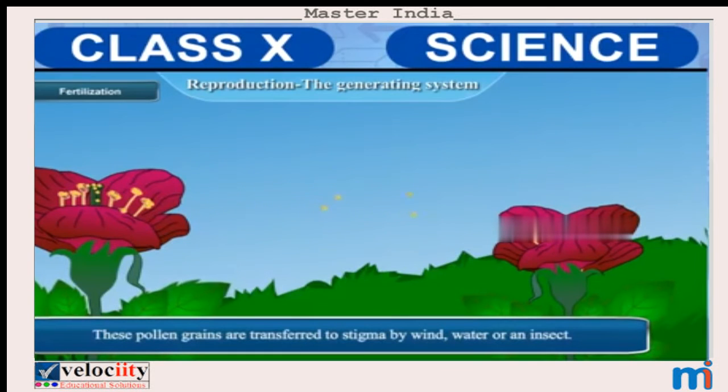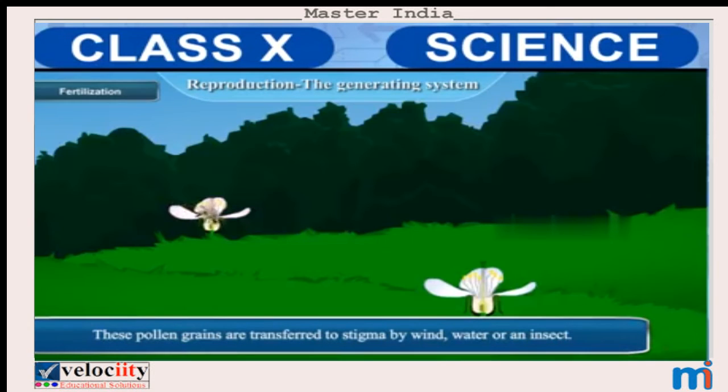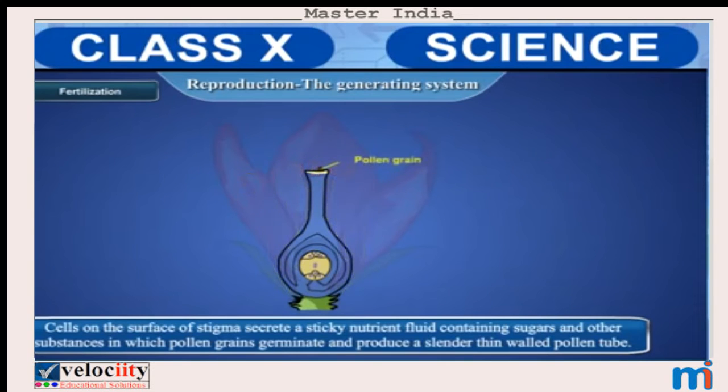These pollen grains are transferred to the stigma by wind, water, or an insect. This process is called pollination. Cells on the surface of the stigma secrete a sticky nutrient fluid containing sugars and other substances in which pollen grains germinate and produce a slender, thin-walled pollen tube.